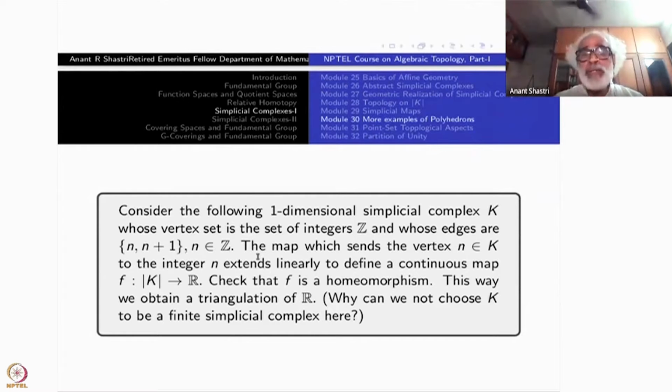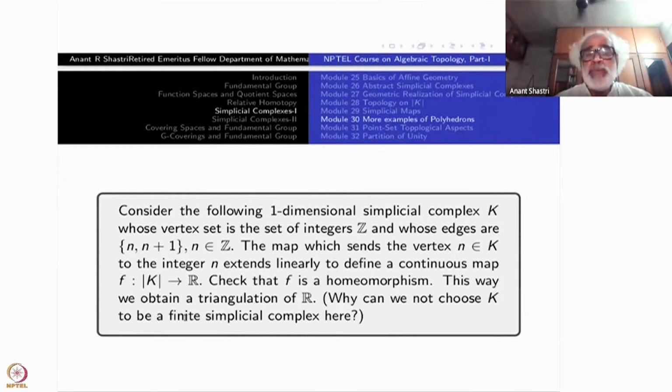Okay. What is its geometric realization? It will be the whole of R. Each simplex n to n plus 1 filling up the gap between the interval n to n plus 1. So that's it. Okay.